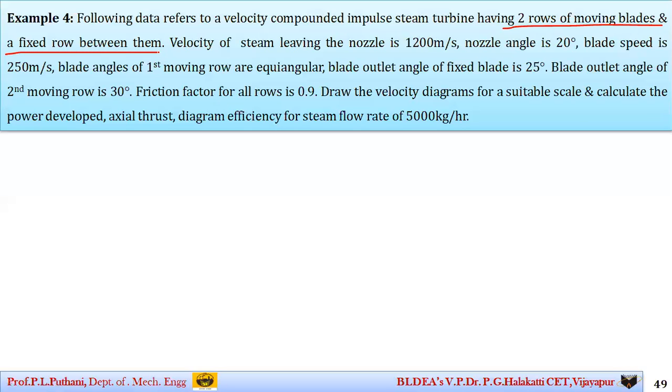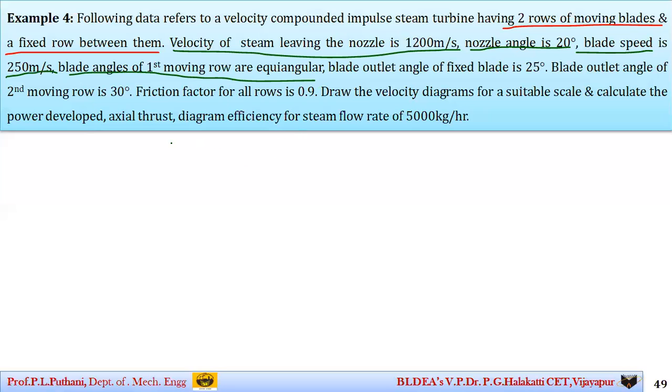The velocity of steam leaving the nozzle is 1200 meters per second, nozzle angle is 20 degrees, and blade speed is 250 meters per second. The blade angles of the first moving row are equiangular. So with respect to the first stage, these are the given conditions.